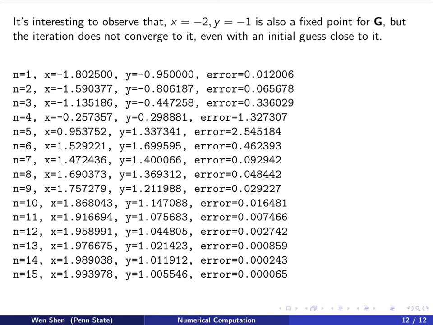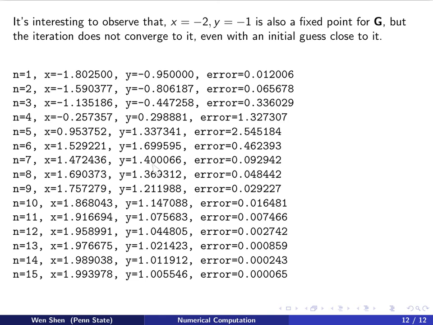So here we run some numerical simulation with the same code, but with a different initial guess. The initial guess is actually negative 1.9 for x, that's very close to negative 2, and y is negative 0.99, that's very close to negative 1.